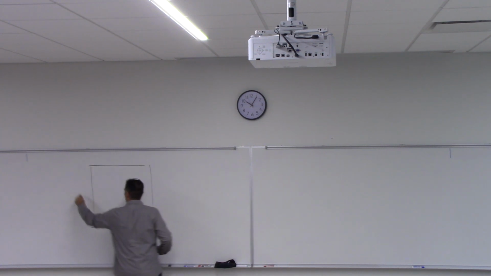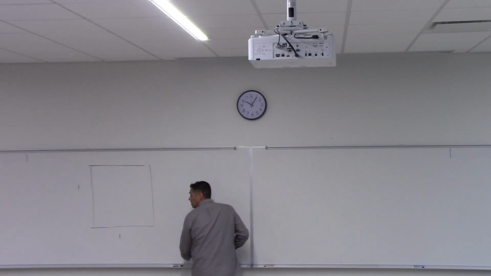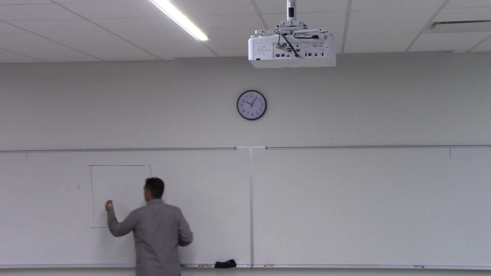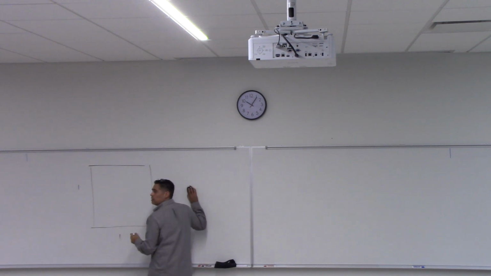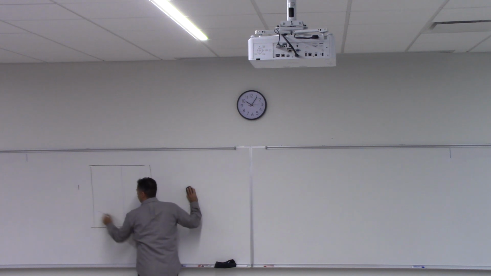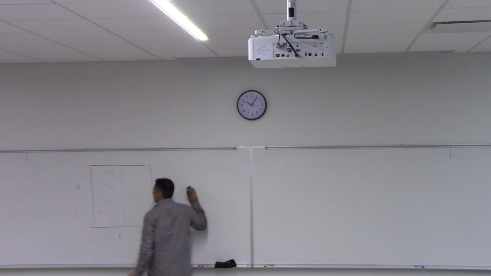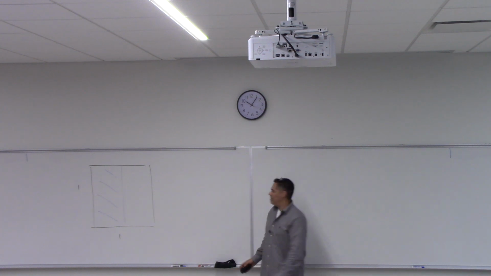It's 1 by 1. So shade half of it. Right? Take half the square and shade it. I forget which way I did it on there. Let's do it. Okay, I did the left half. Okay, so I take that, I shade it. What's the area of that? Half. Okay, so that's half.